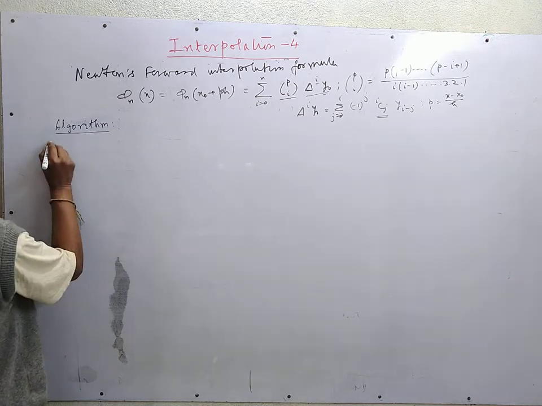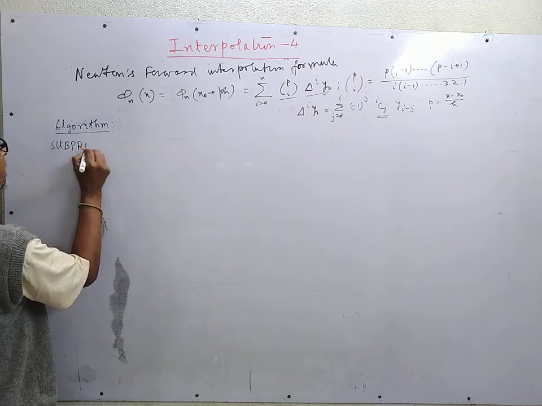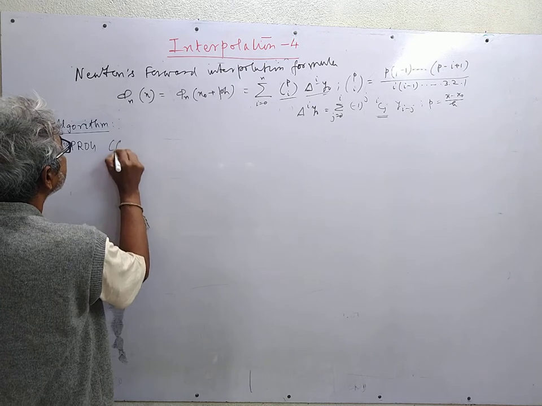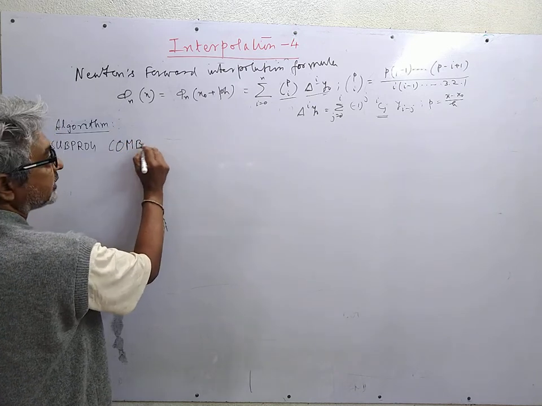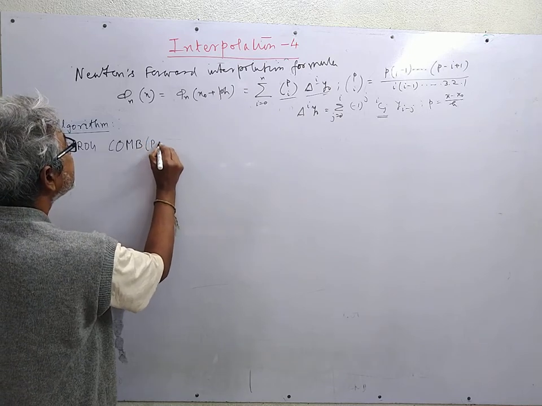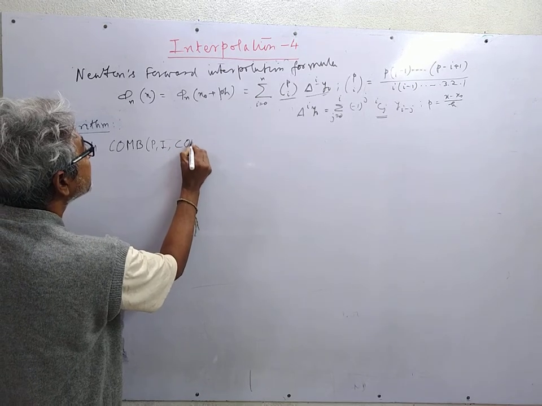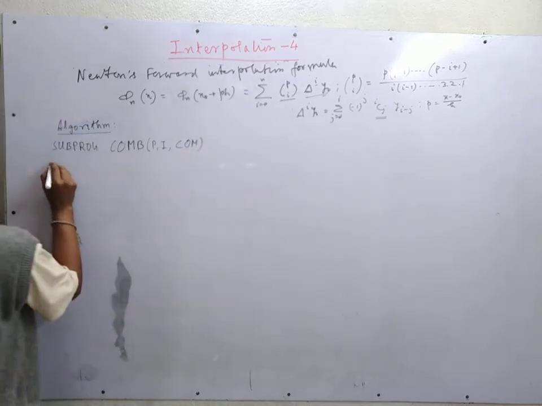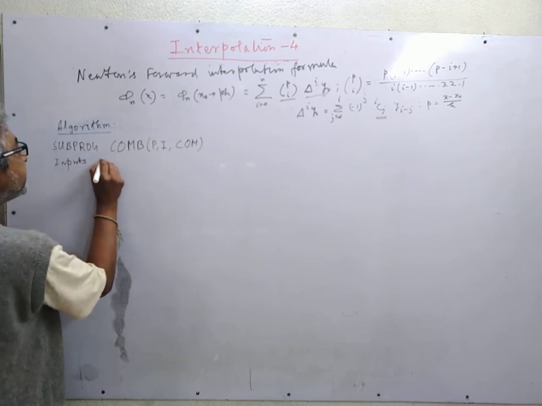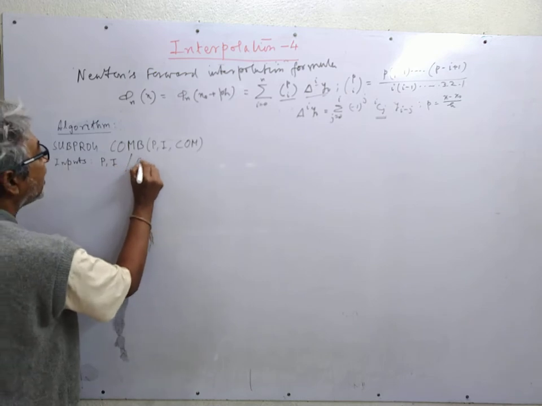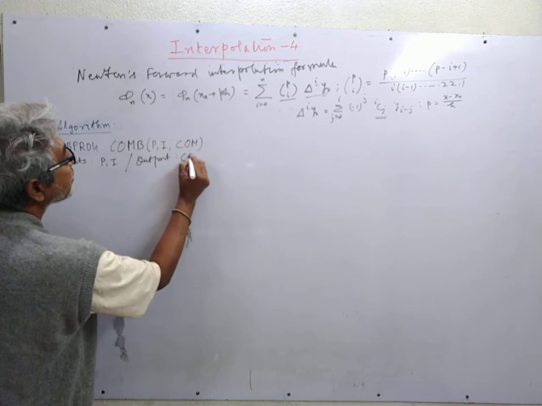Now, first thing is the subprogram. I give it a name. The inputs are P, I, and the output is COM.